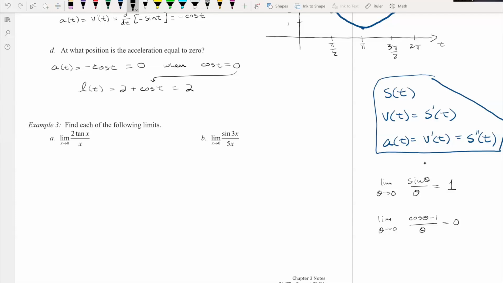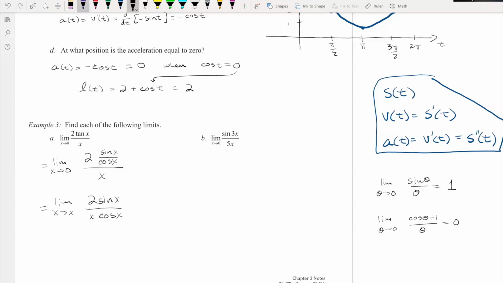So for example, with this first one, we have the limit as x approaches 0. You guys know that you can rewrite tangent as sine x over cosine x, and all that is over x. And we can rewrite that if we imagine multiplying top and bottom by cosine x, we get 2 sine x over x cosine x.